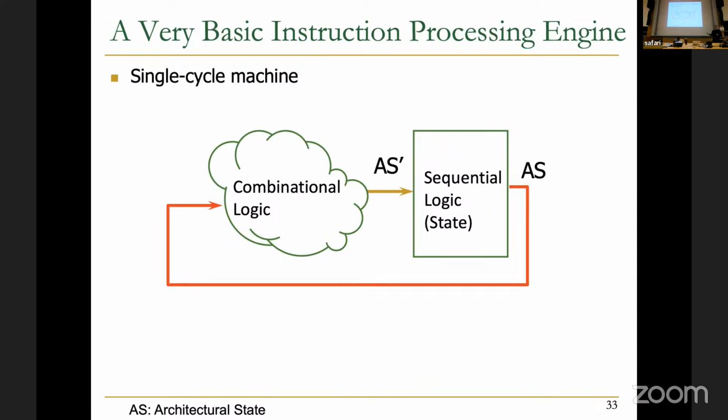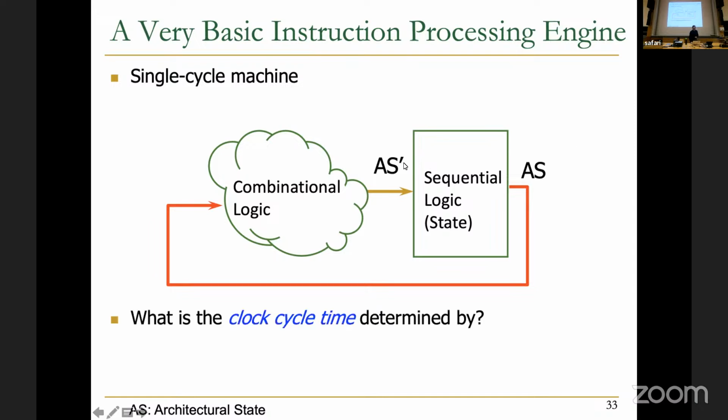And this is very similar to what we have looked at, our finite state machine, right? You have sequential logic, which stores the architectural state, AS. And then there's some combinational logic that implements the instruction. And in a single cycle, it produces architectural state prime. And at the rising edge of the clock, it basically latches, it sets architectural state to architectural state prime.